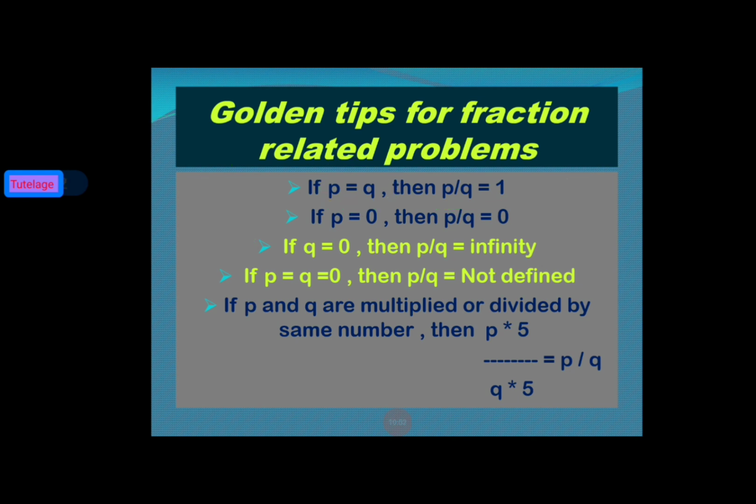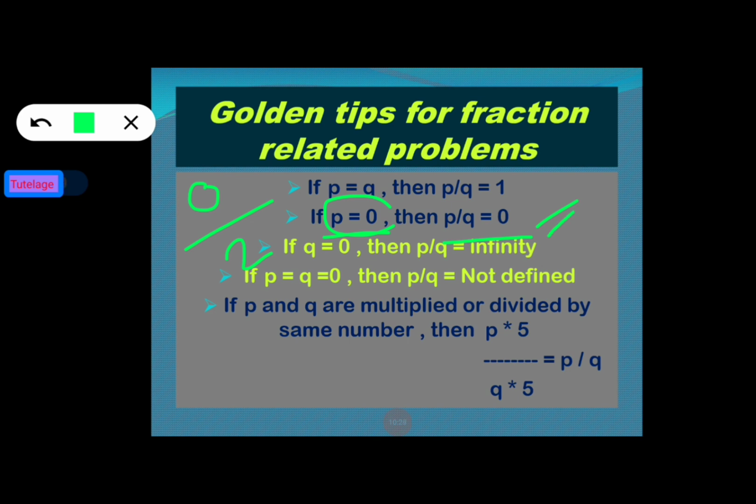Now move on to the second one: if p is 0, what is the value of the fraction p by q? p is the numerator, and q is anything, say 2. So 0 by 2 is always 0. So when p equals 0, then p by q is 0 also.